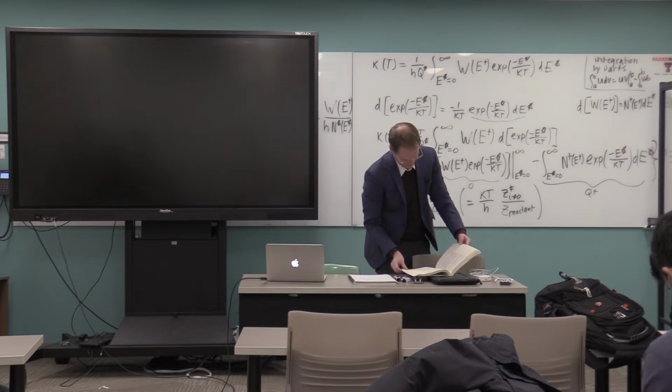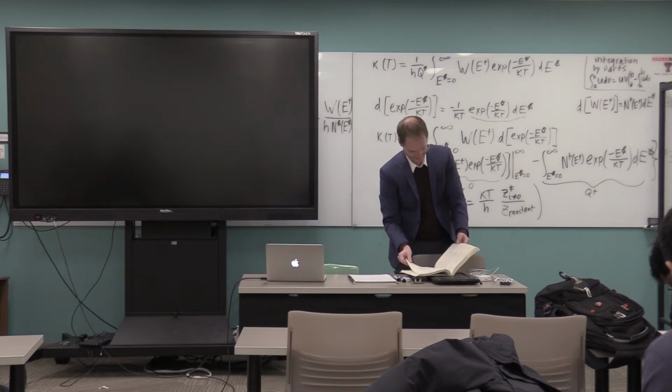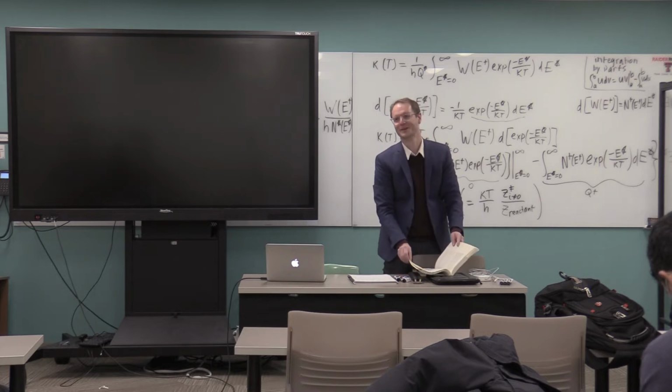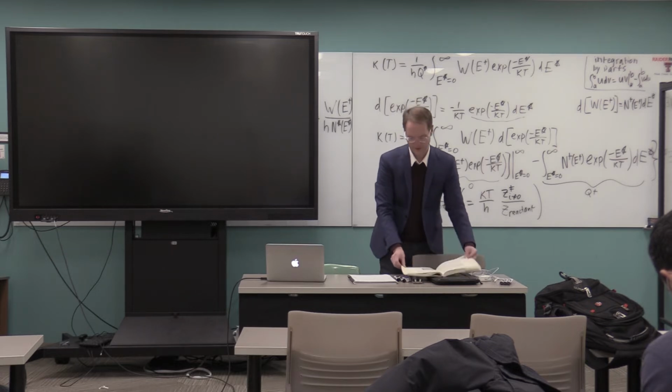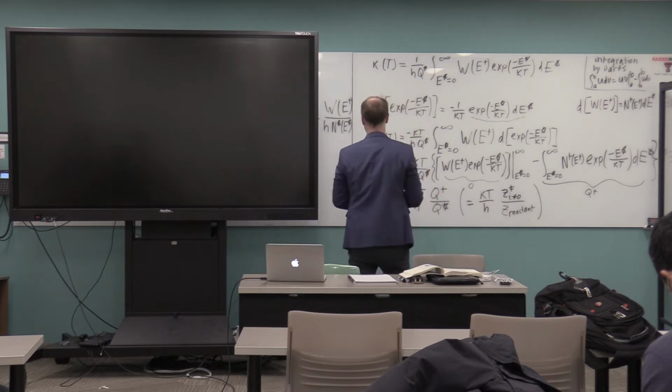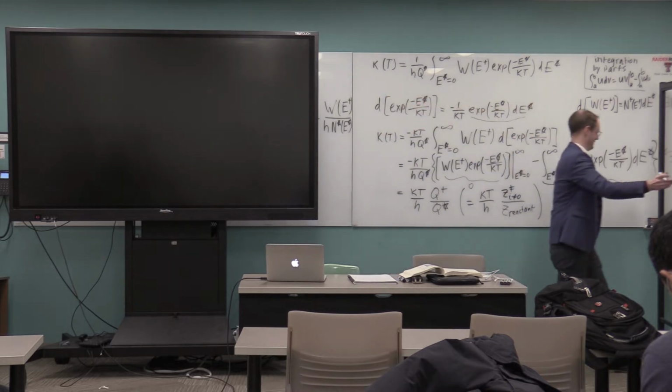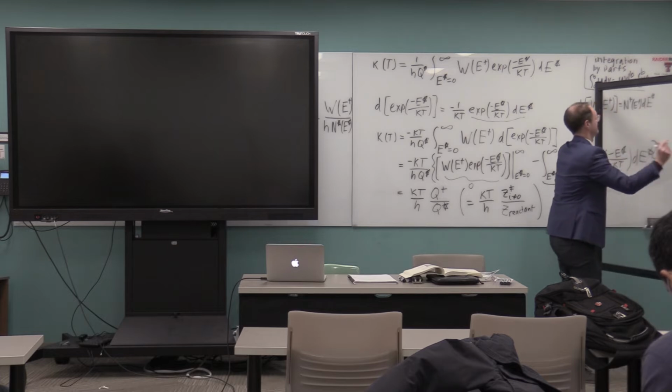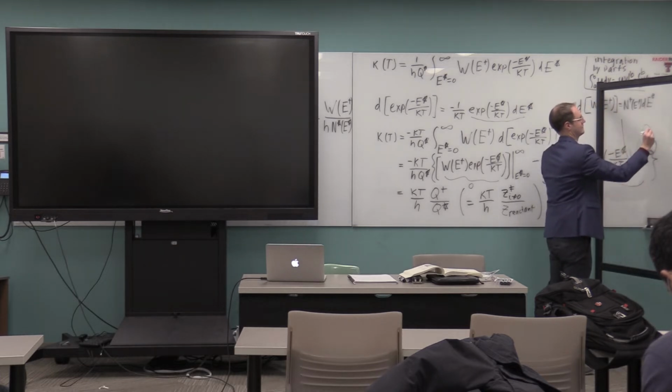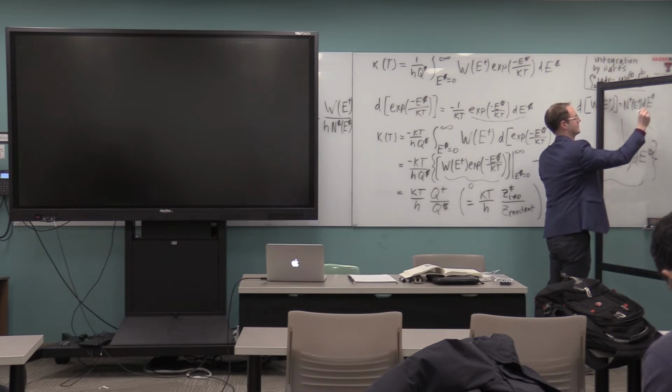Is that E plus and E star the same energy, or are they different energies? Well, physically they're the same, but E plus is relative to the bottom of the... E plus is smaller than E star, right?